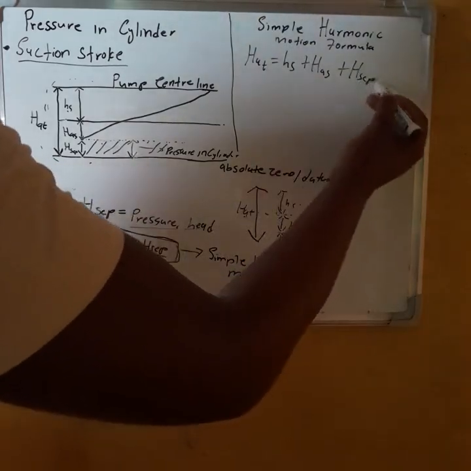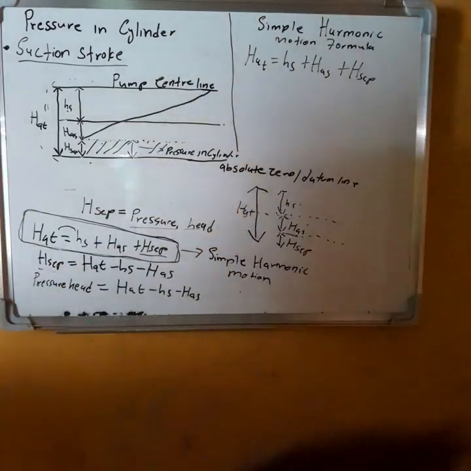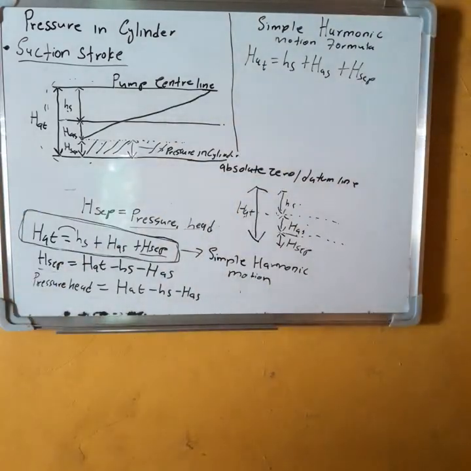Remember, this can change to be what you are given, and it will depend, but you must know that there is an H separation. That is a simple harmonic motion formula.